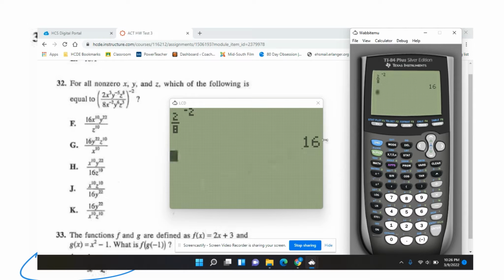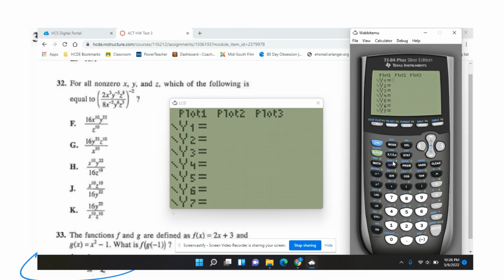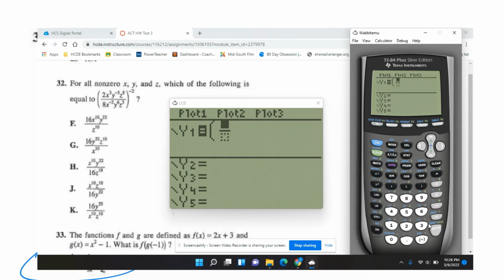If I treat them one at a time, here's what I mean. If I go to Y equals, and I'm just going to pretend like there are only X's here, and I put x to the 3rd power over x to the negative 2 power. Now, if I were smart, I would have looked and seen, are the x's different in all my answers? They actually, the G and K are similar, so we'll see.